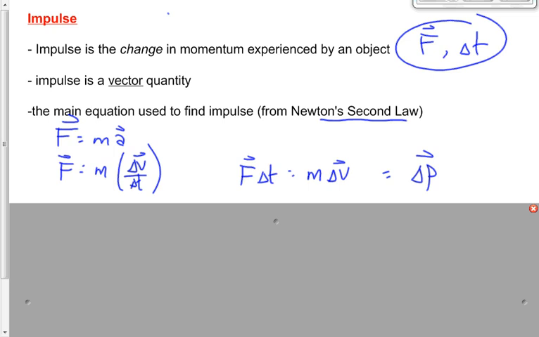Everybody take a look at your data sheet right now. On your data sheet, you will not see this equation written exactly the way that you see it written up on the board right now. F times t equals m times delta v equals delta p. On your data sheet, under momentum and energy, bottom left-hand corner, you see F times delta t equals m times delta v.